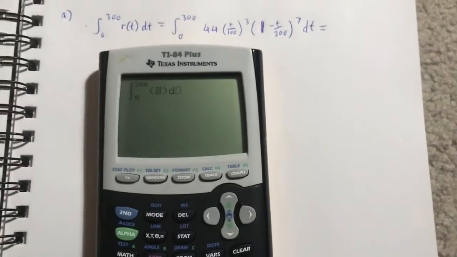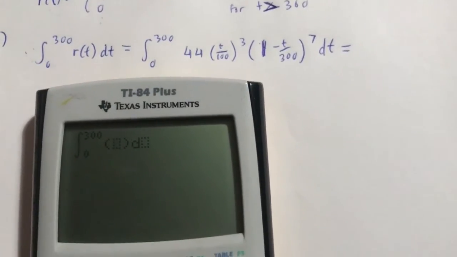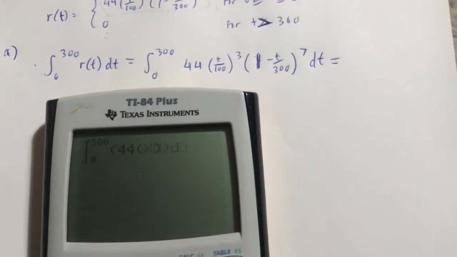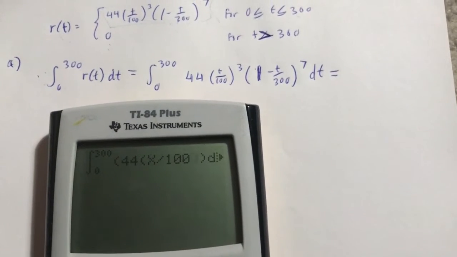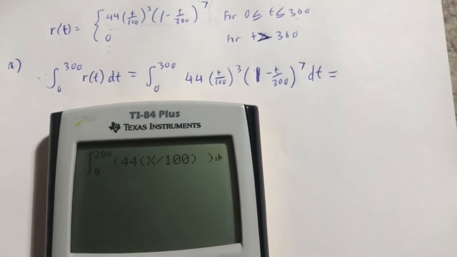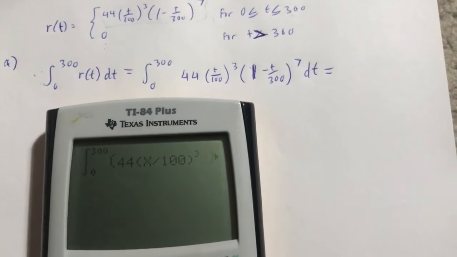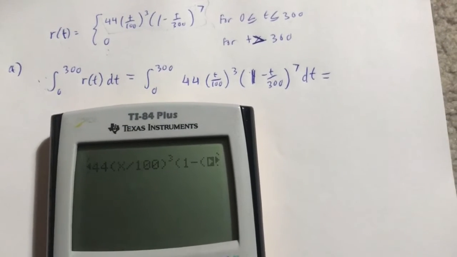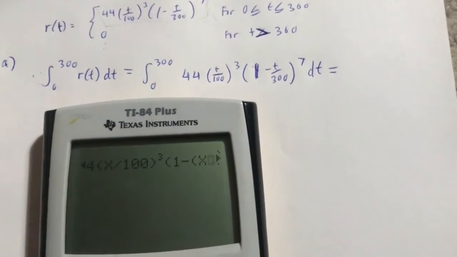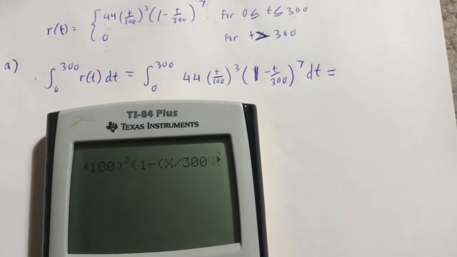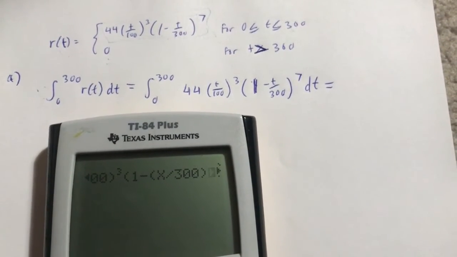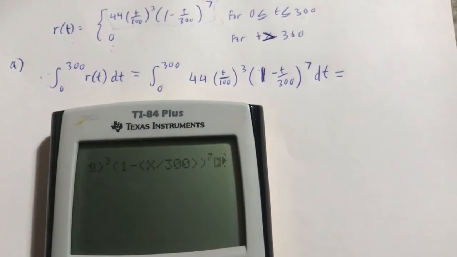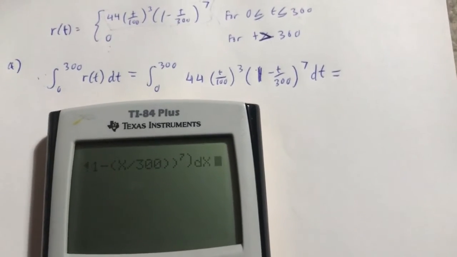Then we start typing in that function, 44 x divided by 100, and that's going to be cubed, times the quantity of 1 minus t, or x in this case, over 300, to the 7th power, dx.